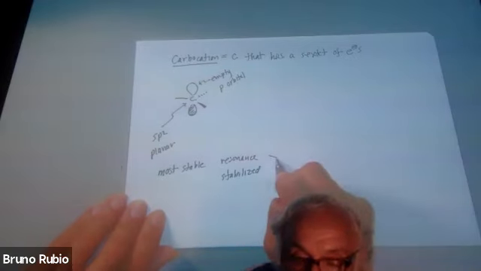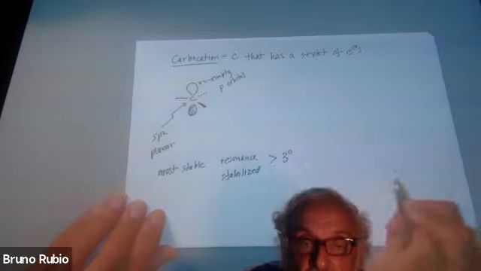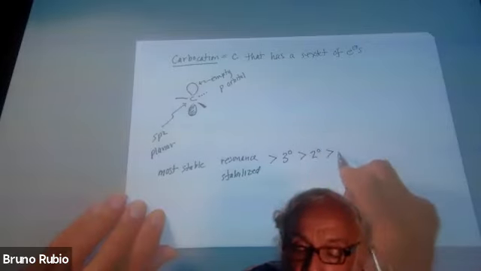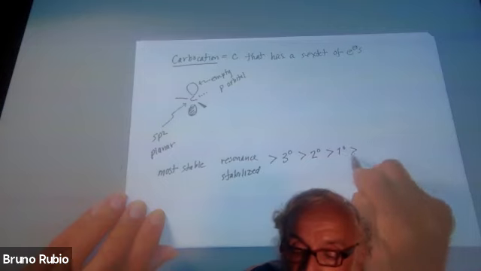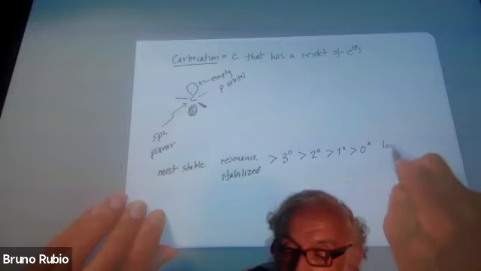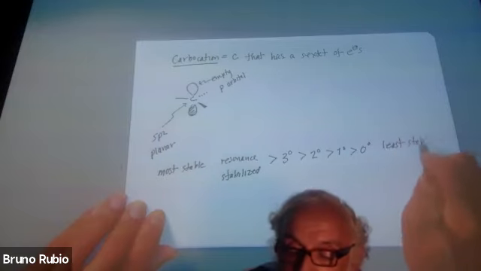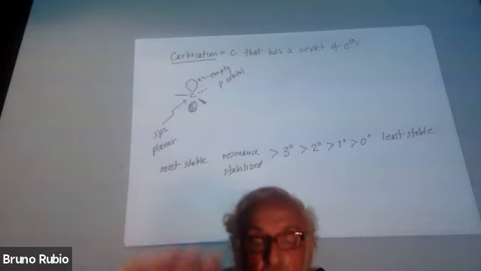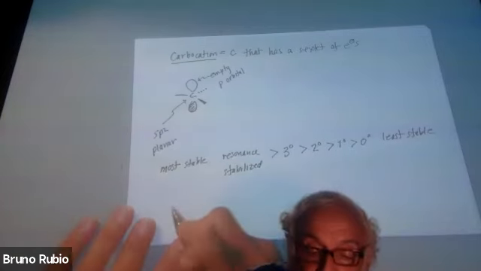And these are more stable than tertiary carbocations, which are more stable than secondary, which are more stable than primary, which are more stable than zero degree or methyl. These are the least stable carbocations, and for the very same reason.